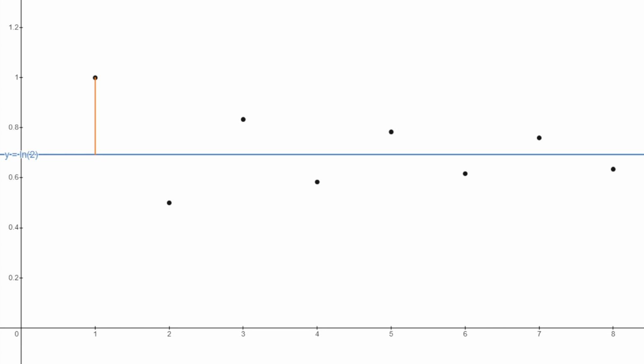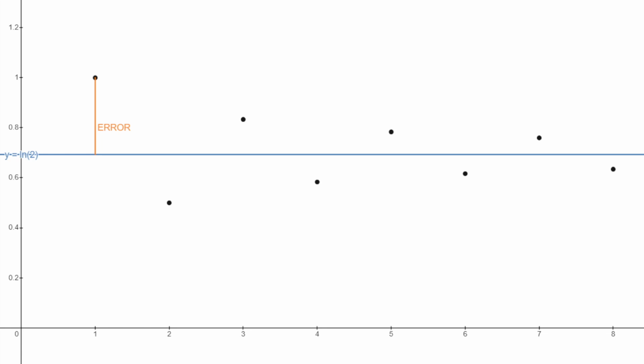Now, it wouldn't be a very good approximation if I was to approximate the natural log of 2 using just one term of that infinite series. But if I did, that's what that orange bar there is representing. Say that's the error in approximating using one term.